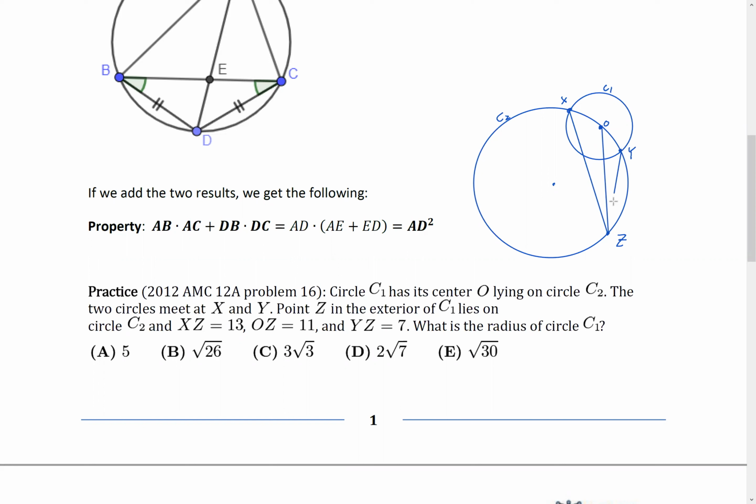YZ equals 7. What is the radius of C1? What's the radius of this small circle? I suppose that I'll give you a couple of minutes.